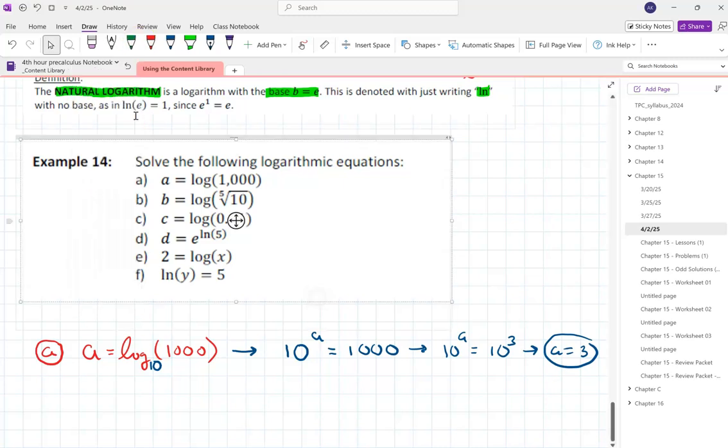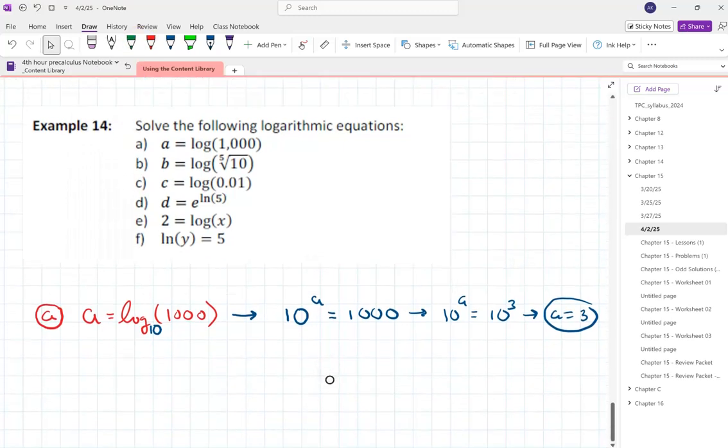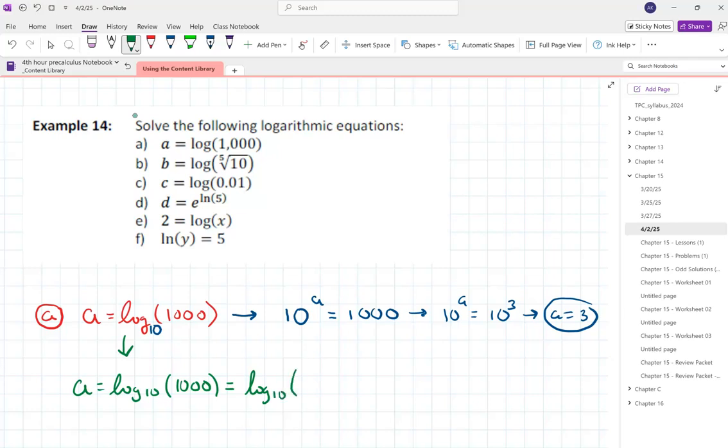And that's fine. Alternatively, the way I would start wanting to think about this is this way. I'm going to rewrite 1,000 as a base 10 number, and then think about log base 10 canceling exponent base 10.